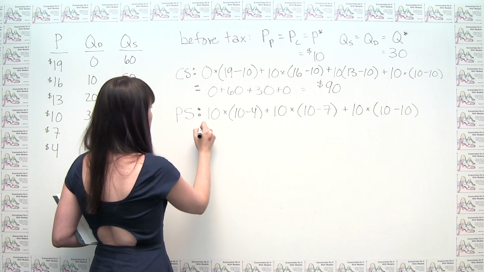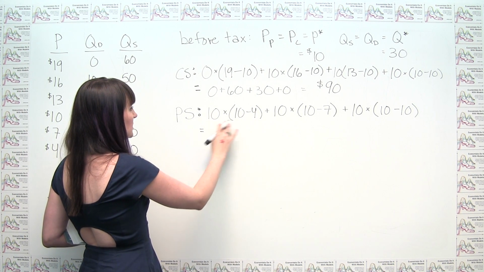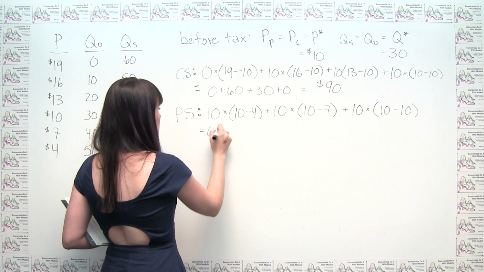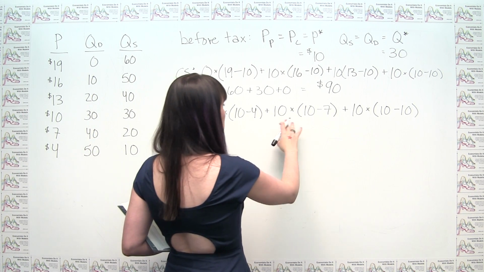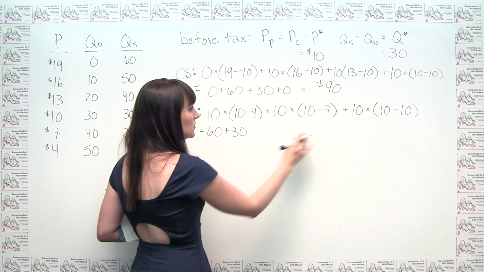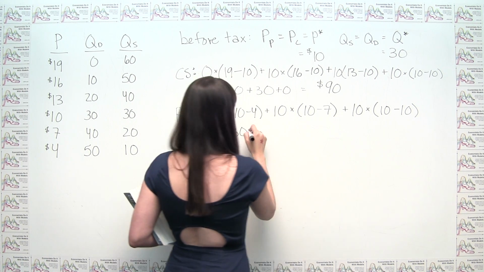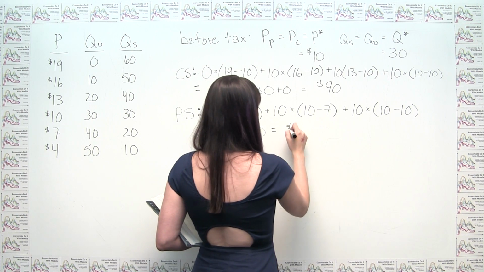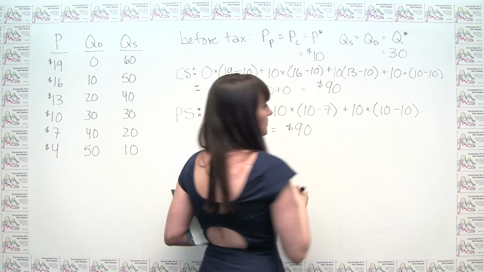And we can add this up, and we can say, well, this is just equal to 10 times 6, which is 60, plus 10 times 3, which is 30, plus 10 times 0, which is 0, for, again, $90 of surplus.